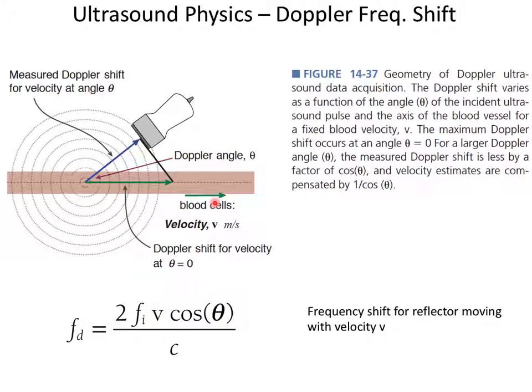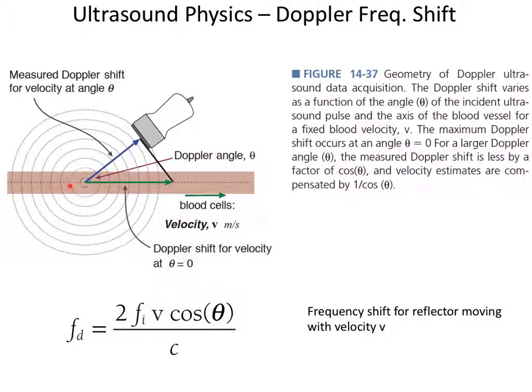And so when you're measuring blood velocity, say we've got our transducer this way and we're trying to measure the velocity in the aorta, the vessel may not be perfectly aligned with the transducer. I mean, it may not be coming straight at the transducer.